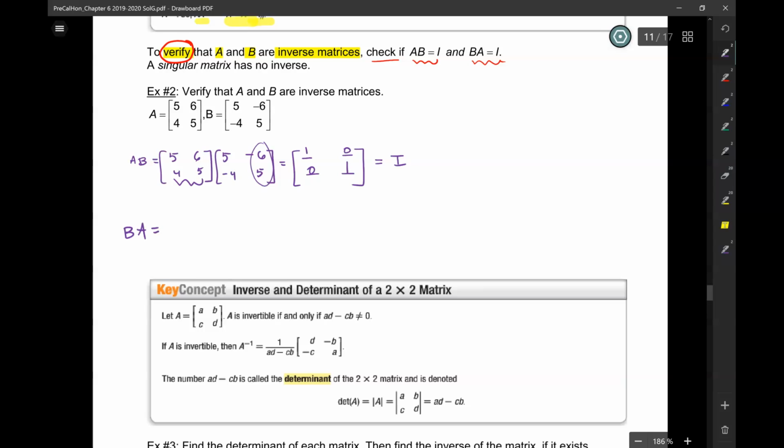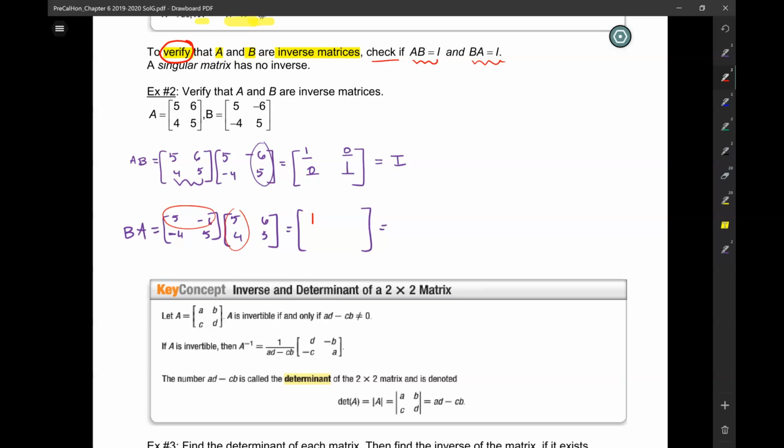Now, let's do BA. We know that matrix multiplication is not commutative, right? So let's do BA. I'm going to get 5, negative 6, negative 4, 5 times 5, 6, 4, 5. Okay. Row 1, column 1, 25 minus 24, 1.